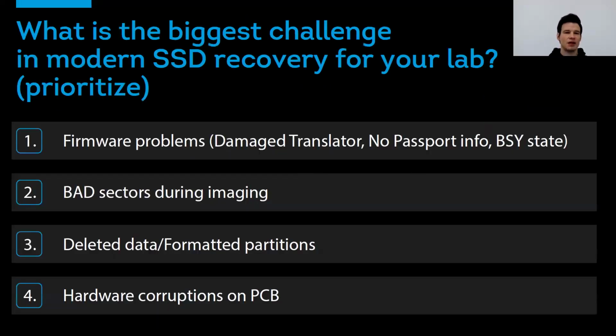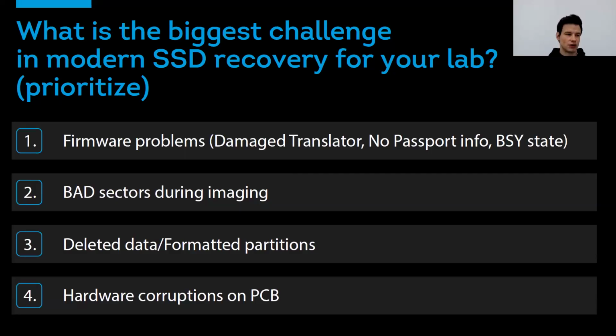And at the end of 2025, we had our annual offline AceLab conference. And at this conference, we asked the clients and the users of our tools, what is the biggest challenge in modern SSD recovery for your laboratory? So we asked them to prioritize the problems that you can face.